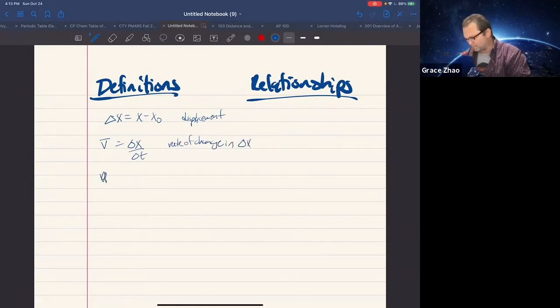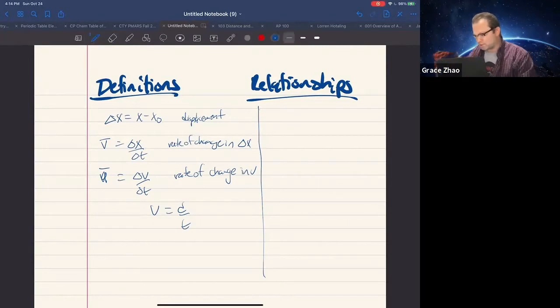And we have acceleration, which is the rate of change in velocity. And we have our average speed, which is total distance divided by total time.